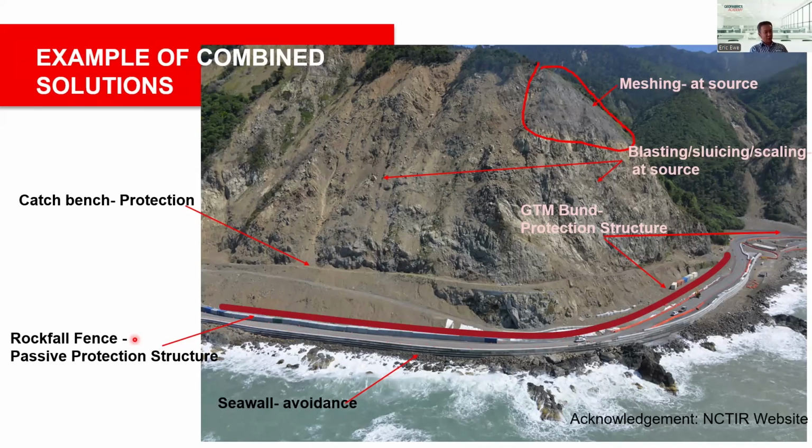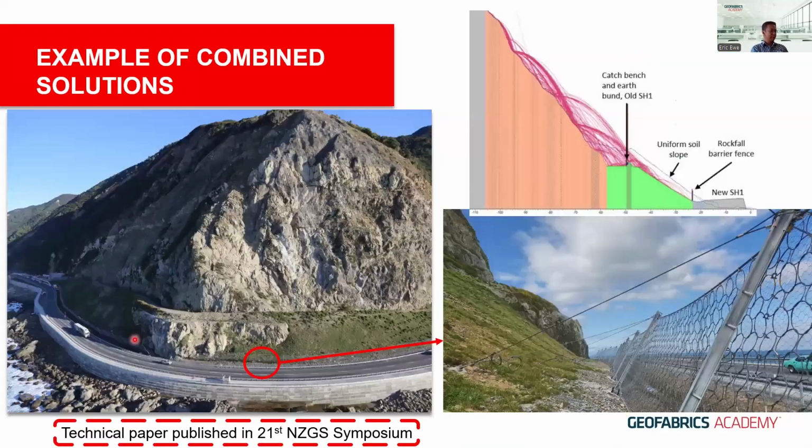You can see source control, scaling, sluicing, benching, rockfall fences, avoidance, and construction of sea walls. Multiple types of approaches or measures have been used in this particular case. And lastly, a 600-meter long rockfall fence constructed at the toe to mitigate the residual risk for this particular location.